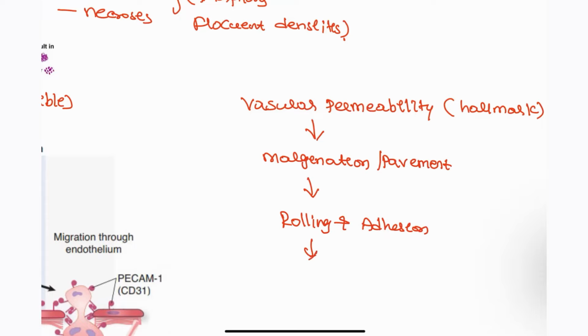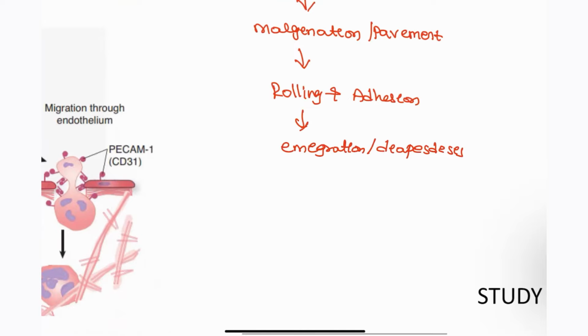And next, emigration, also known as diapedesis. From the plasma membrane they are going to move to the other side, right? Next, there will be chemoattraction, so chemotaxis, and after that there will be phagocytosis. This is how acute inflammation will proceed.